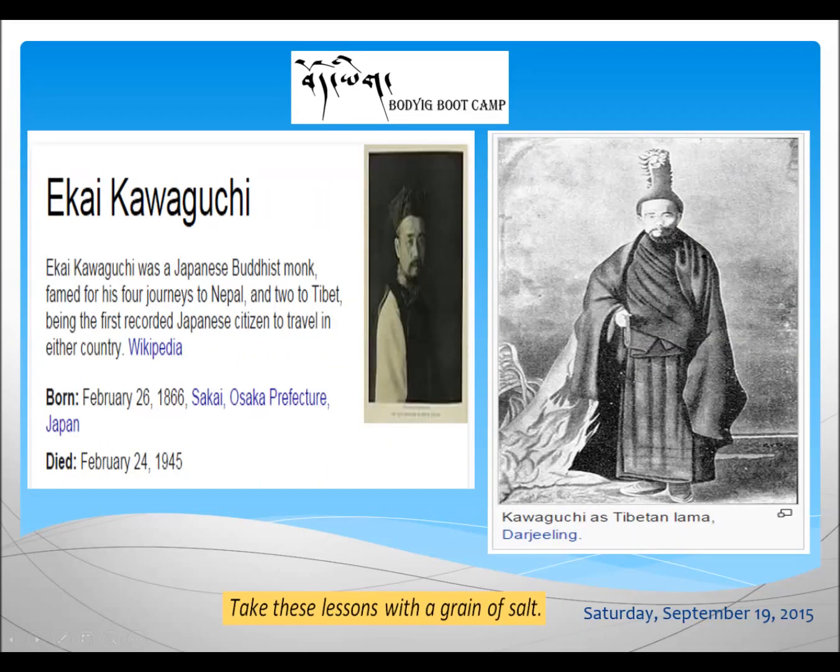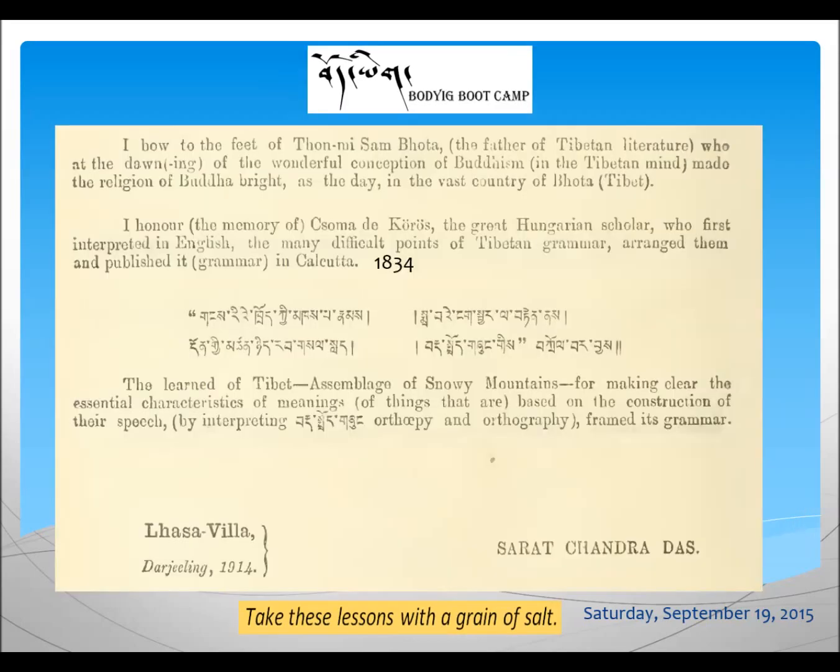And then this is Ikai Kawaguchi, the first Japanese Buddhist monk who went to Nepal and Tibet. So you can also look him up online and find out more information. So basically, these are the foreigners who were interested in Tibetan language a long time ago, maybe 300 years ago.